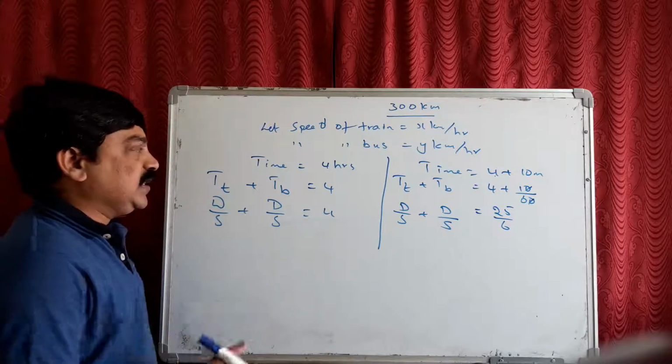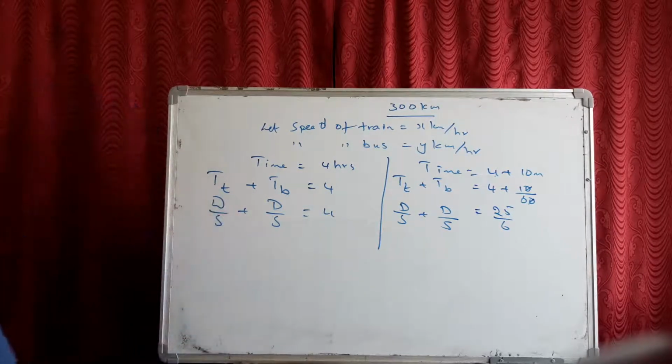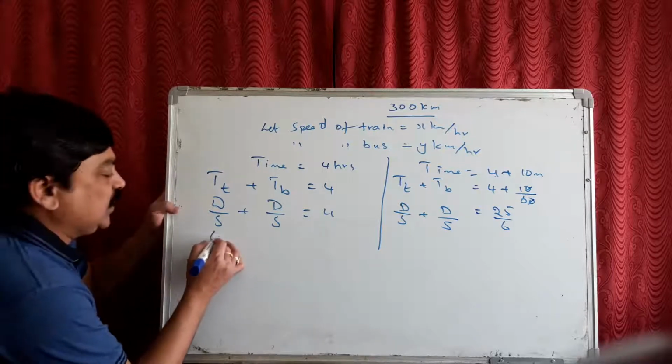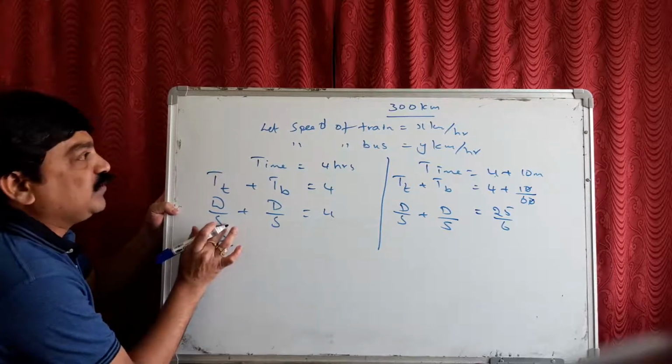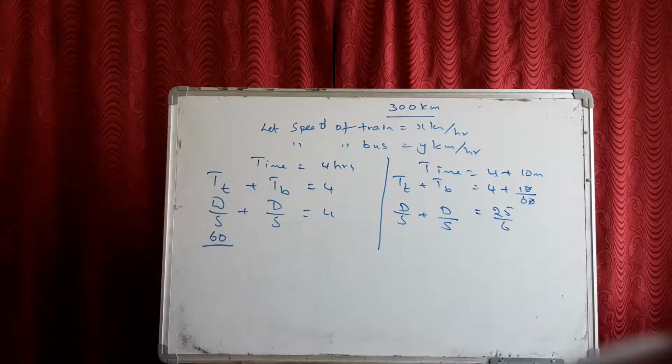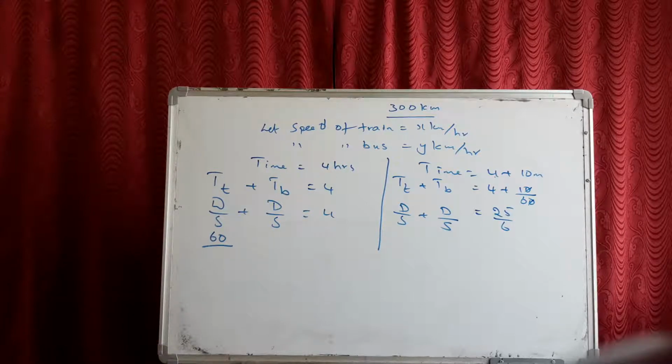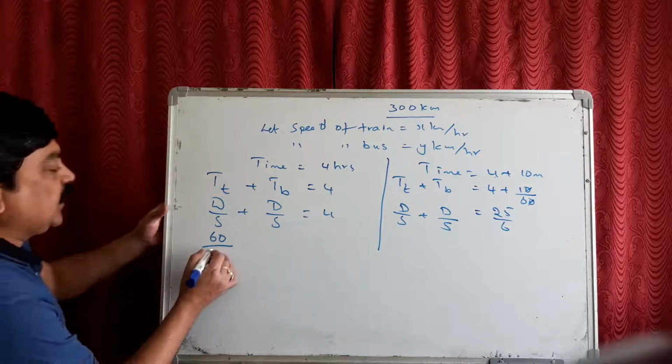Now, what is the distance he travelled by using train? In the first case, he travelled 60 kilometers by train. So 60 kilometers by the speed of the train, which is x.